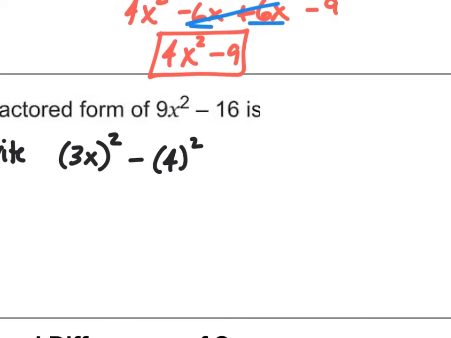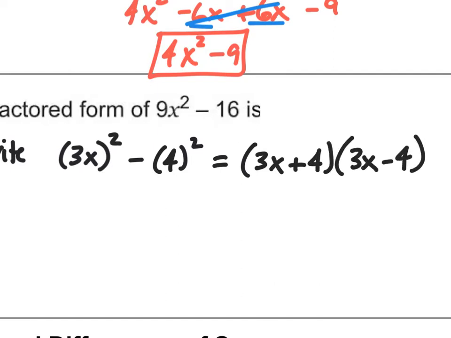So if I were to factor this, I would take my first term, which is 3x, and then do plus 4, and then times 3x minus 4. The thing that's tipping me off about this is that I don't have any middle term here. There is no term with just an x.